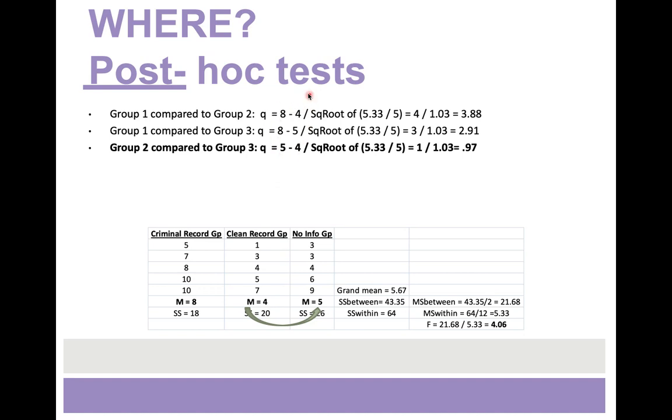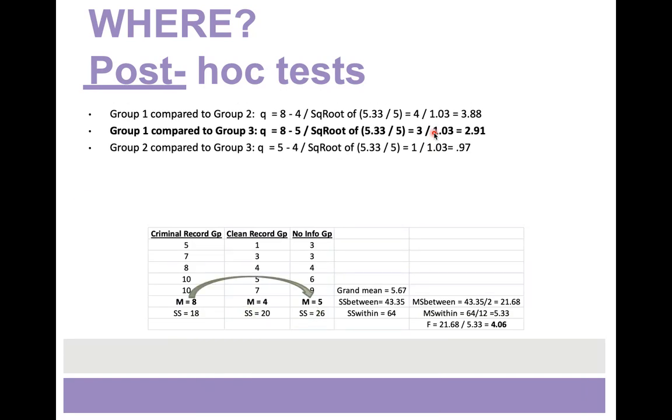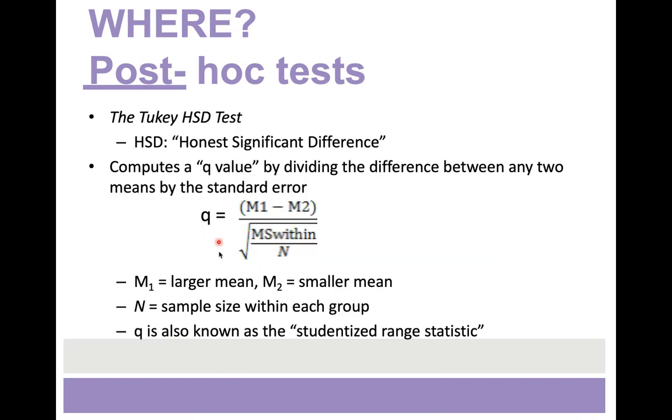The numerator is just the mean difference between whichever two groups you're comparing. And in fact, the denominator stays the same, 1.03 for each of these, because the denominator is simply the square root of the mean squared within divided by the number of individuals within a group, little n.